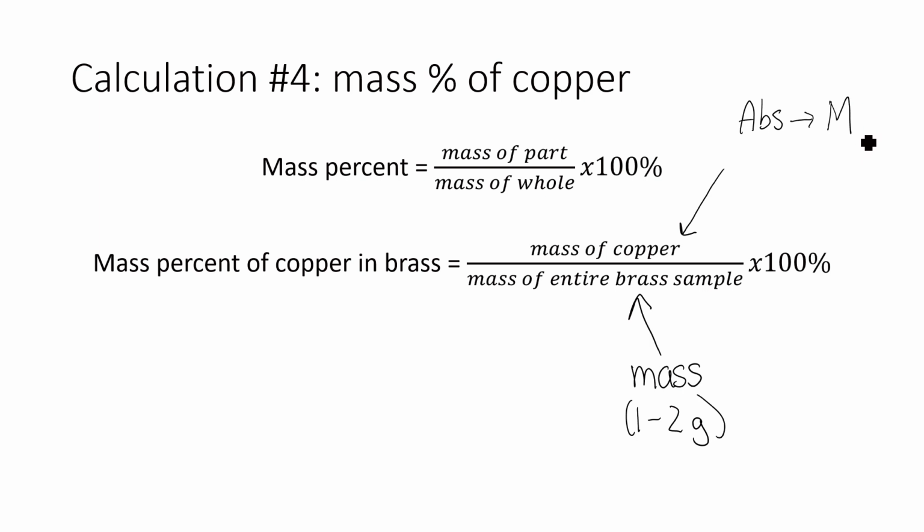And then once you knew the concentration, we found moles. And then once you know moles, you can use the molar mass to find grams. So those previous steps gave us the mass of the copper. Divided by the mass of your whole sample, you're going to end up with a percentage. And for our lab, your percentage should probably be between 20 to 50%, somewhere in that range for your mass percent of copper.